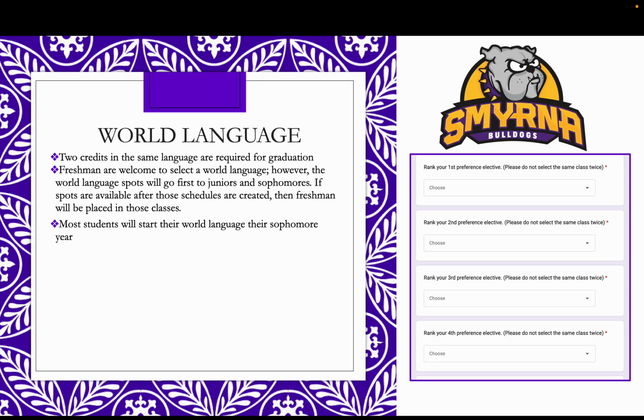So if spots are available once we are creating the schedule and a freshman is asked for a world language, then they'll be placed in that class. But if a spot is not available, then they will simply just wait until their sophomore year. Most students do not start their world language until their sophomore year, but we do give you an option if you would like to request it as a freshman.